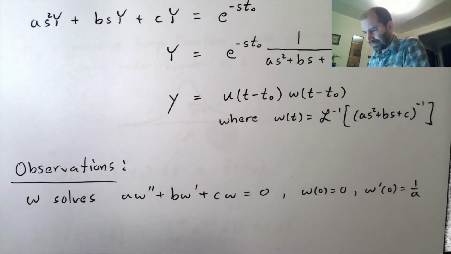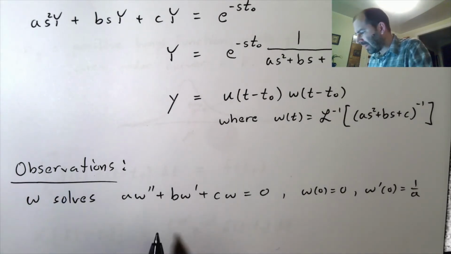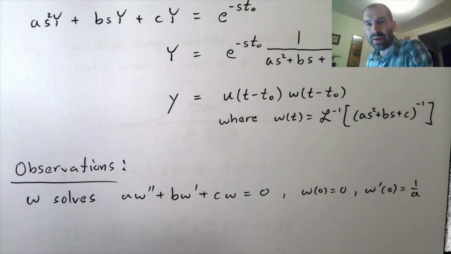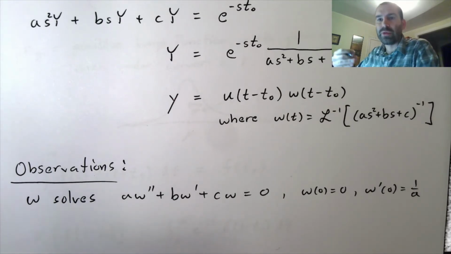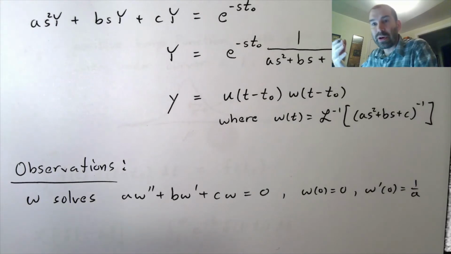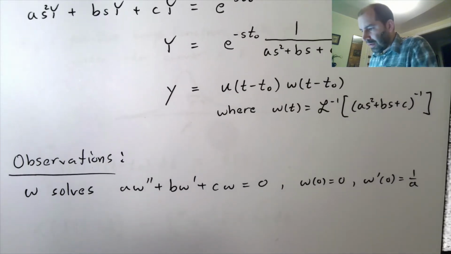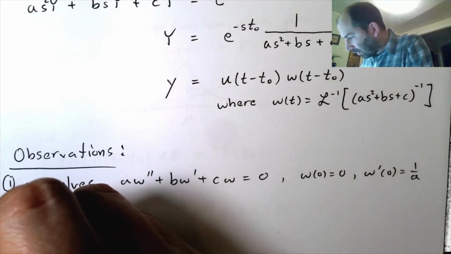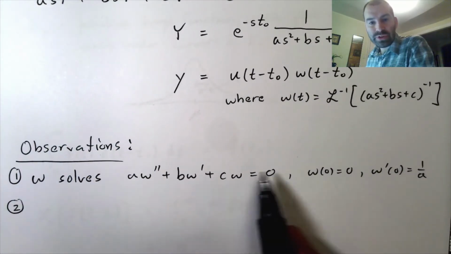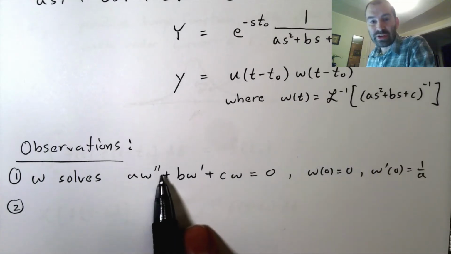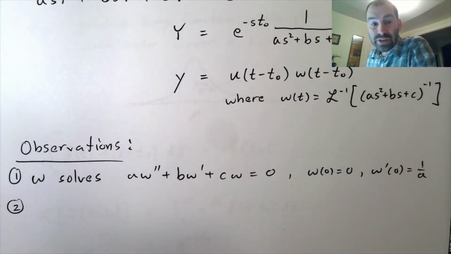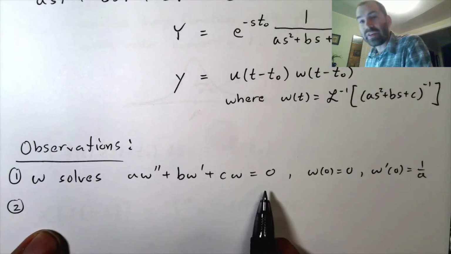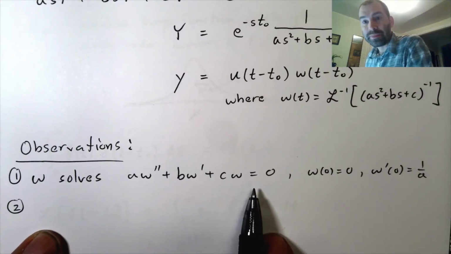And the solutions depend on whether the roots of the characteristic polynomial are real, whether it's a repeated root, whether maybe they're complex roots. So you get different kinds of solutions. So let's just say it this way. Observation 1 was that this gives us the solution to this differential equation, but we know how to write down the solution to this differential equation by solving the characteristic polynomial, right?